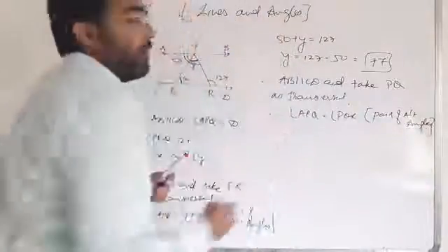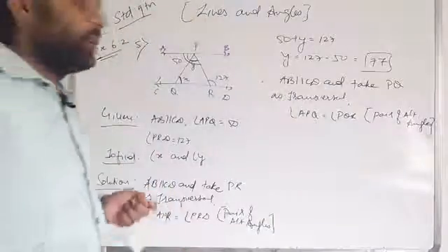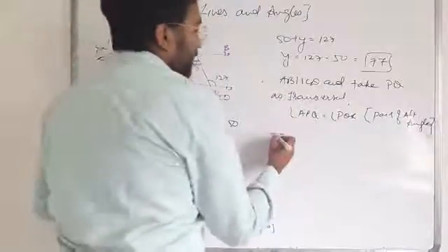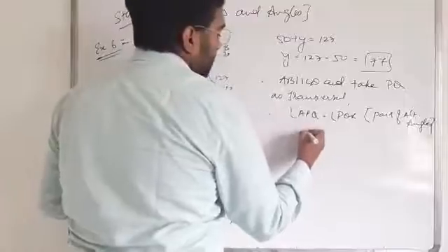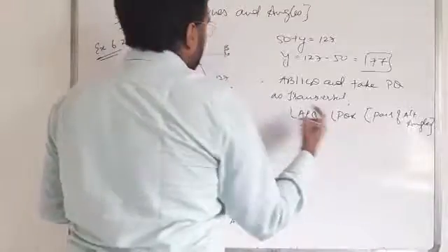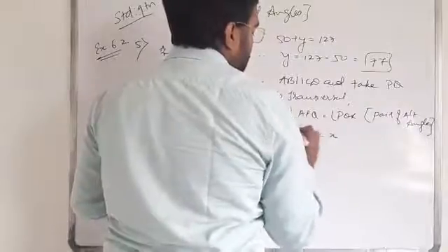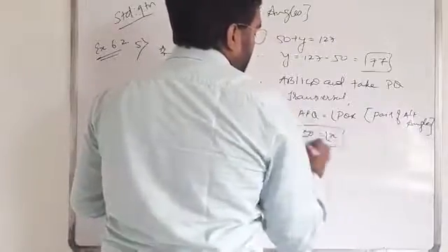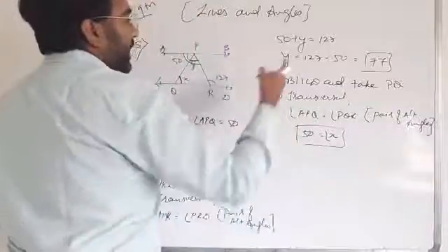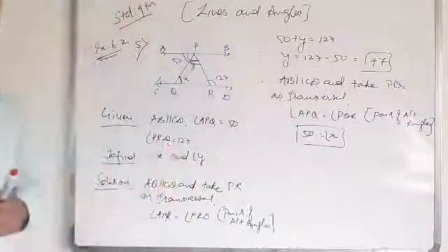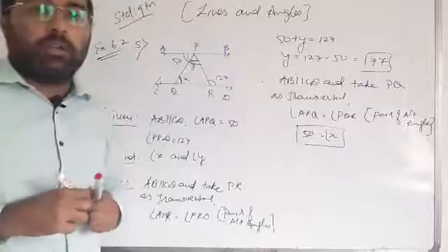Therefore, as a pair of alternate angles, my angle APQ, 50 degrees, is equal to PQR, that is given as angle X. Okay, so my angle X is 50 degrees and my angle Y is 77 degrees. Okay, clear?